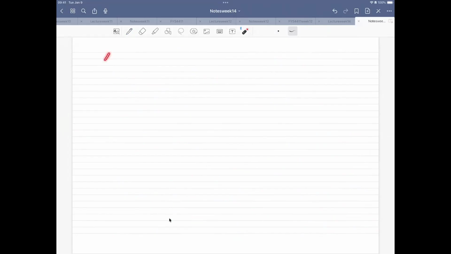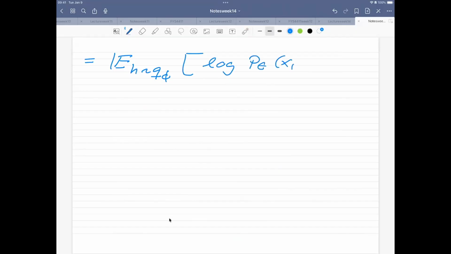We are going to have that this expectation value is equal to the expectation value of h drawn from Q of phi. And now I'm using the product rule. And the expectation value of log of p theta of x and h divided by p theta of h given x.